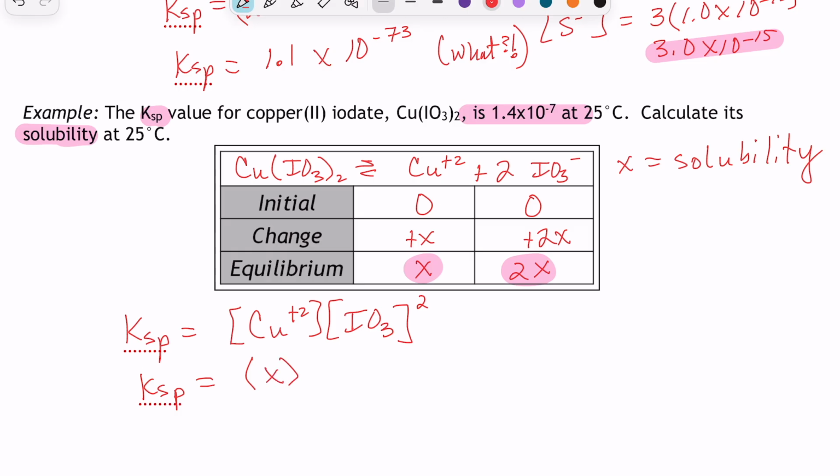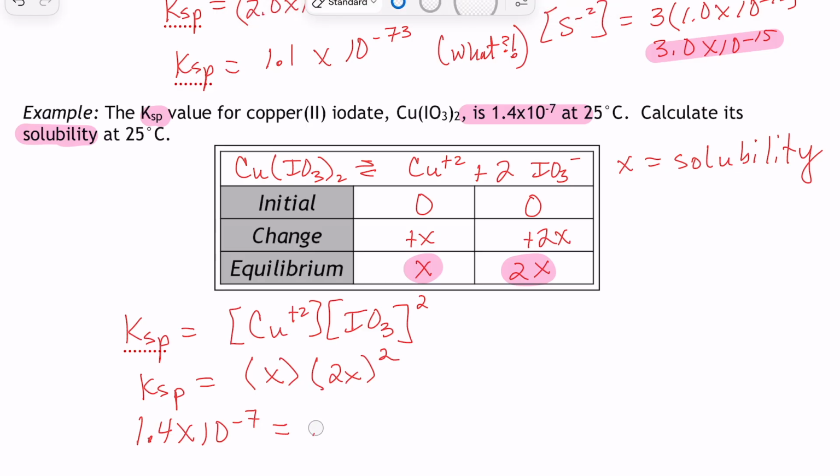So we have x, and then we have 2x squared. All right, we're almost home. I can plug in my Ksp value, which was given in the problem, 1.4 times 10 to the -7. And algebraically, this is going to be, oops, see what I just did? I almost did it myself. 4x cubed.